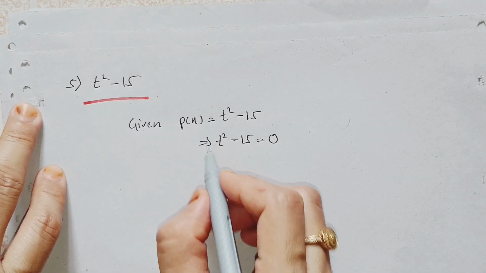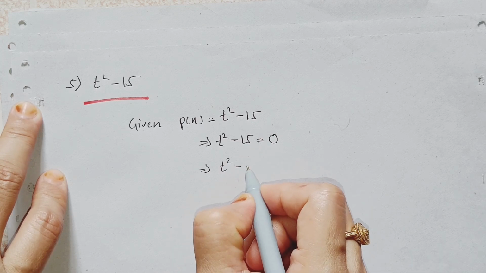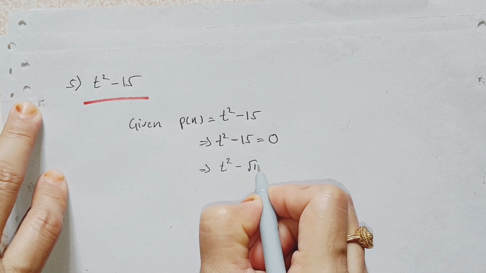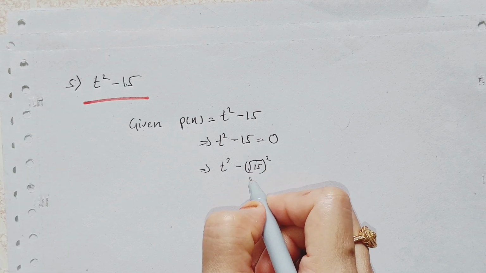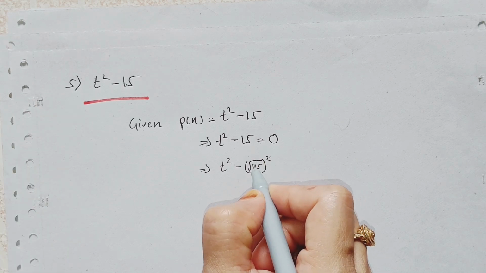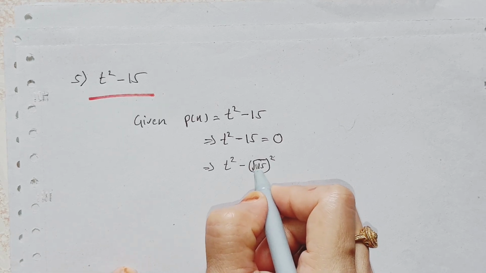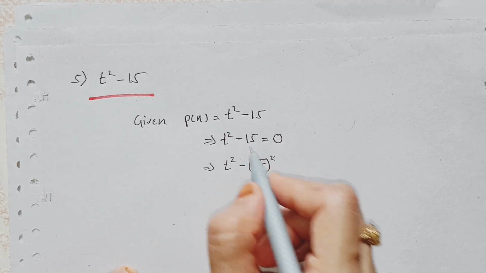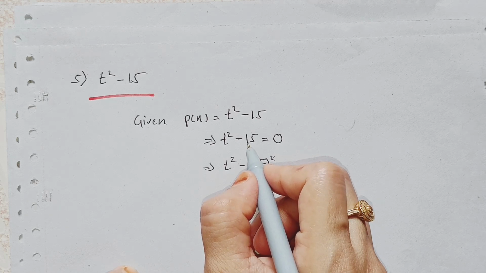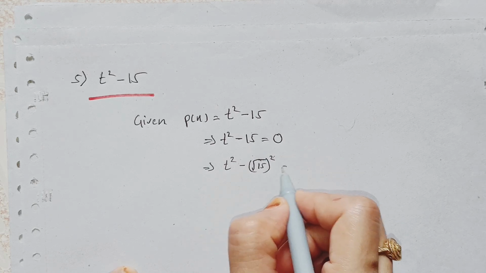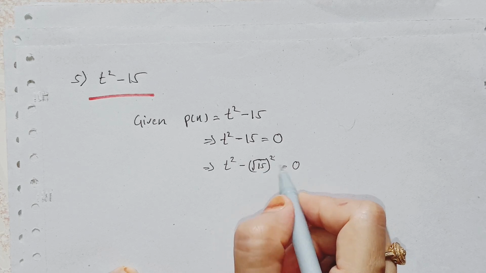What we can do for this is write it as t square, and this 15 I can write as root 15 whole square. Can I write 15 as this? Here the power and the root get cancelled, then the left will be 15 itself. That's why I'm writing it like this, equal to 0.